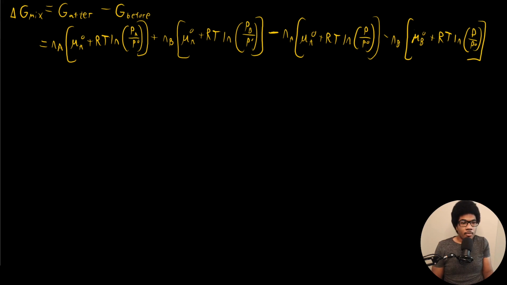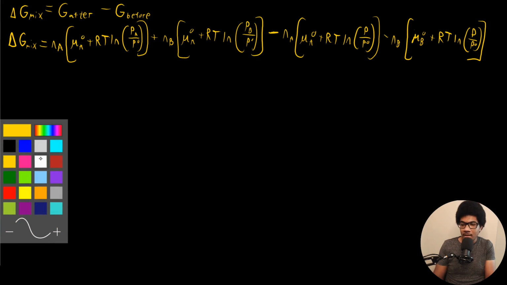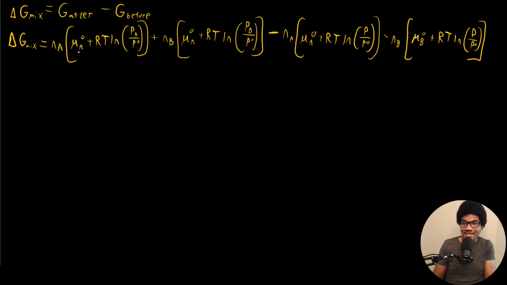Okay, so we have this expression for our delta G of mixing. This is our total delta G of mixing, and we can actually simplify this quite a bit. What you'll notice here, even without doing the expansion, is that these terms that depend on the standard chemical potential are all going to cancel out.